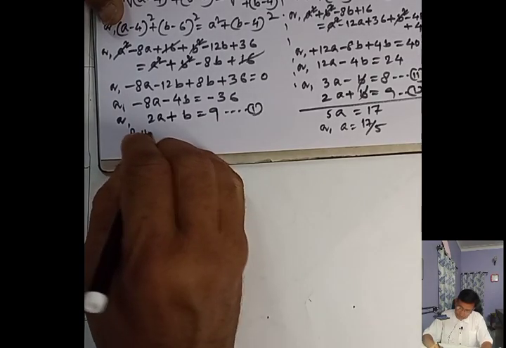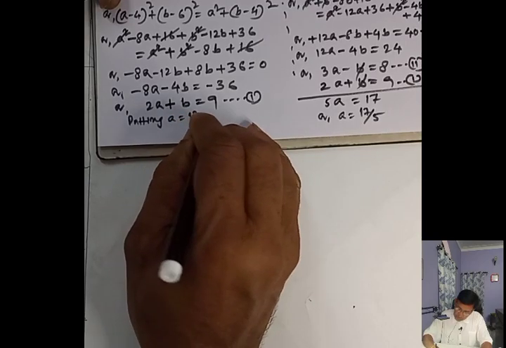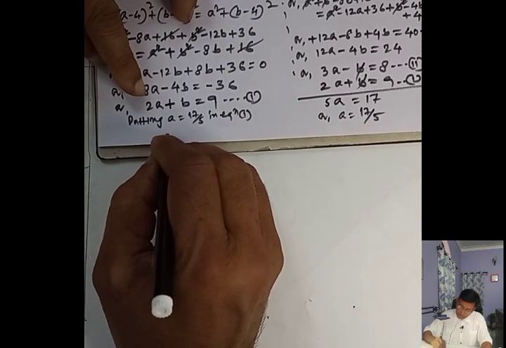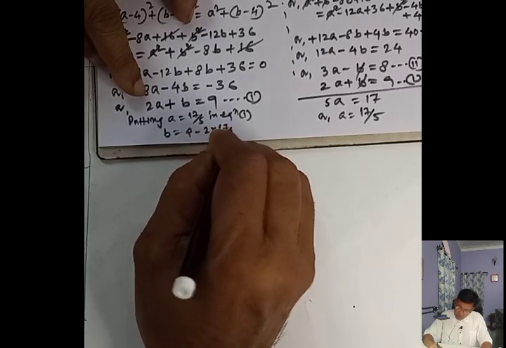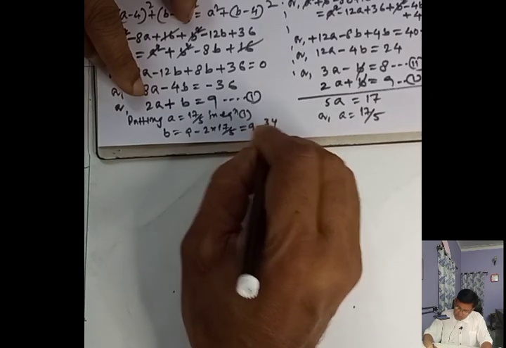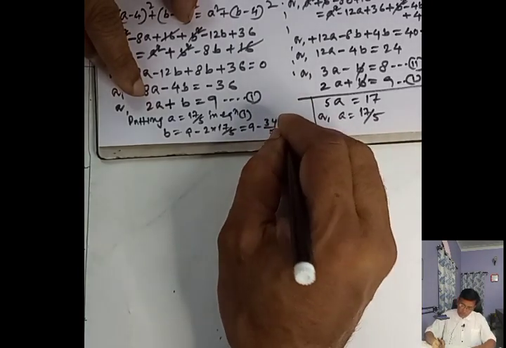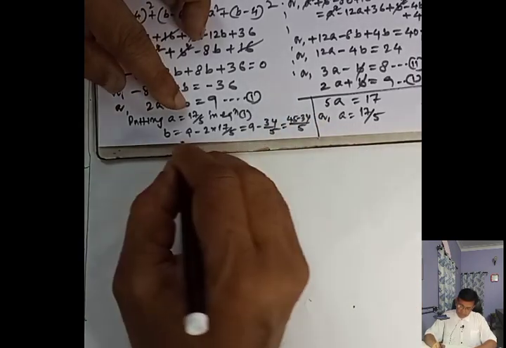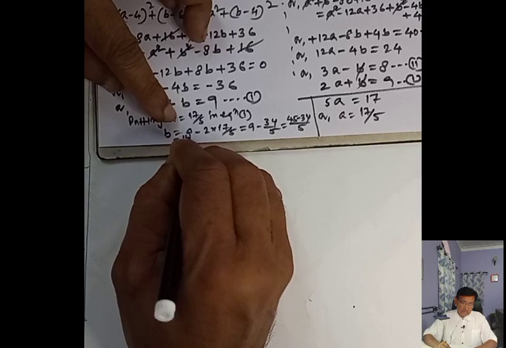Putting a is equal to 17 by 5 in equation 1, we will get b is equal to 9 minus 2 into 17 by 5, which is 9 minus 34 by 5, which is 45 minus 34 by 5. This will give us 11 by 5.